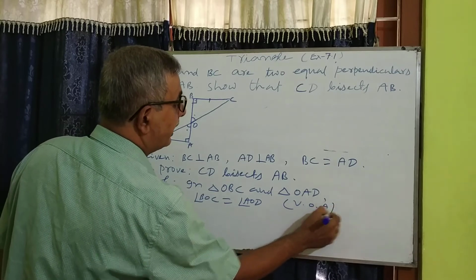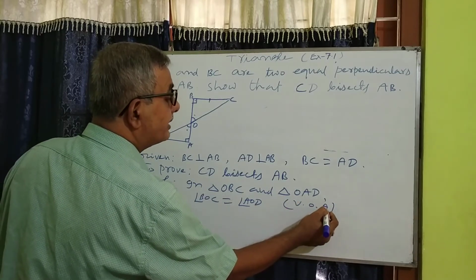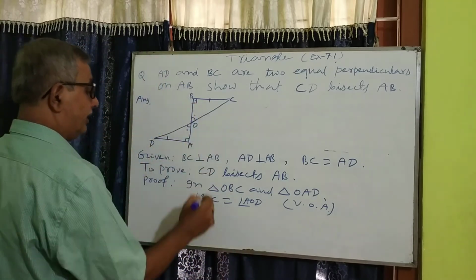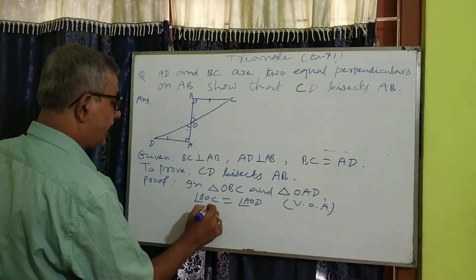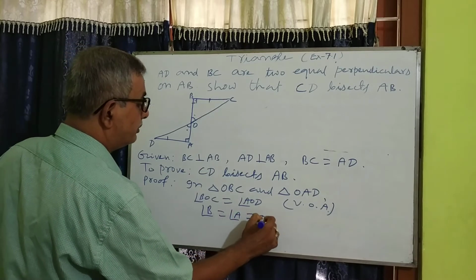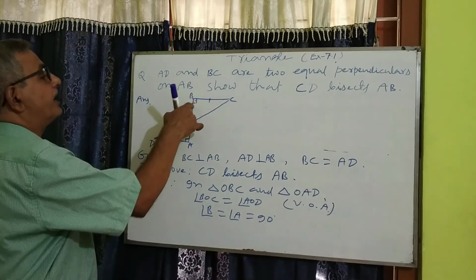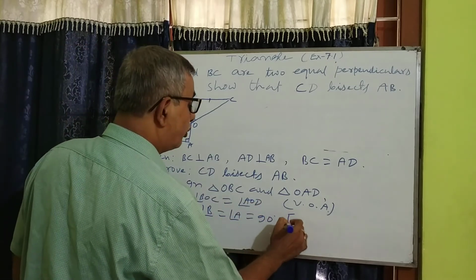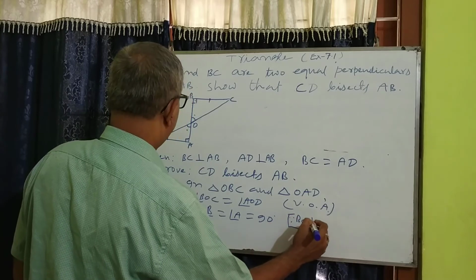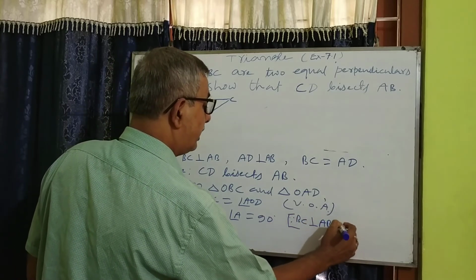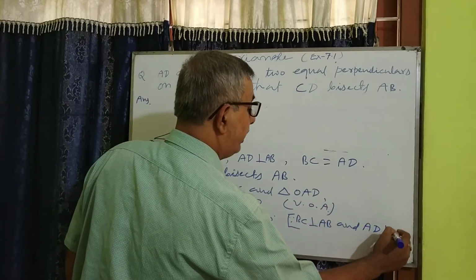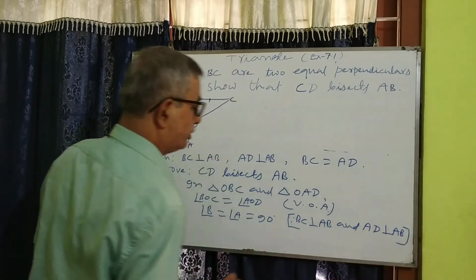Vertically opposite angles. In lines and angles I have taught you. Now you take this angle. The name of this angle in short you can write angle B, and here angle A is equal to 90 degrees. Why are they 90 degrees? That also you can mention. Since BC is perpendicular to AB and AD is perpendicular to AB. I think you understood.